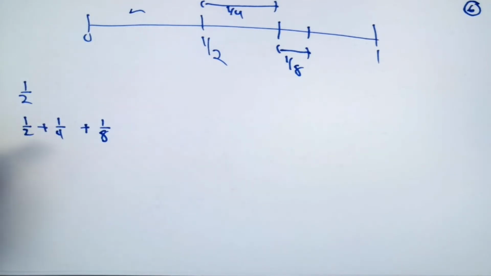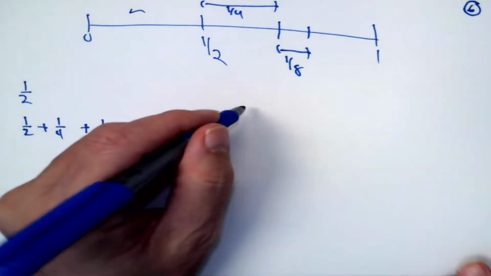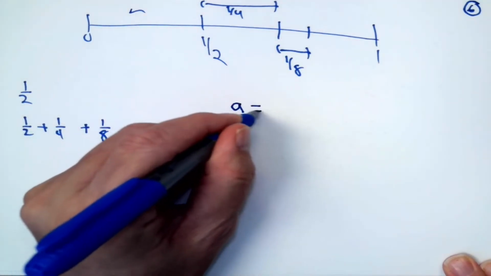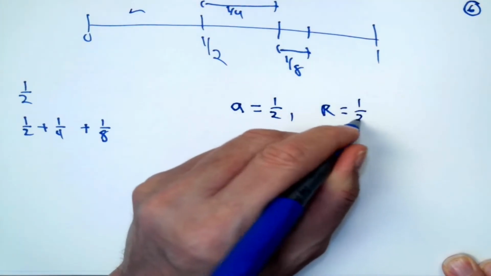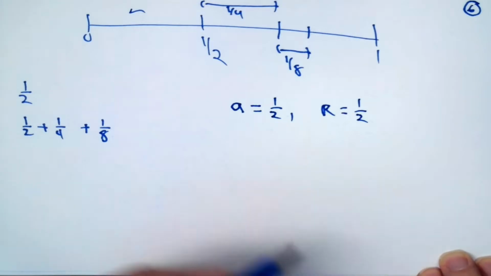If you look at this kind of thing, this is an infinite series. It's a geometric series. The first term is 1/2, and each additional term is 1/2 of the previous term. A is going to be 1/2. R is also going to be 1/2.